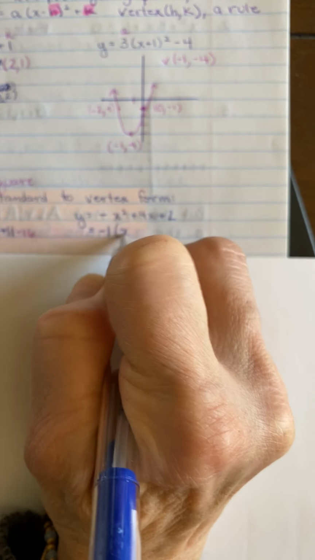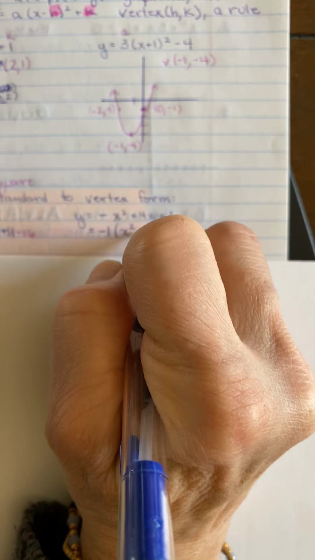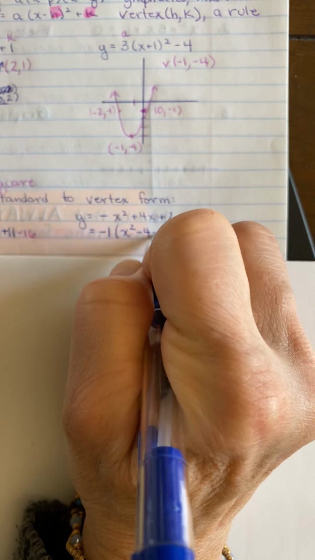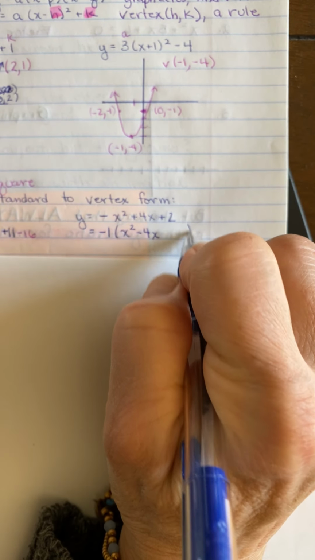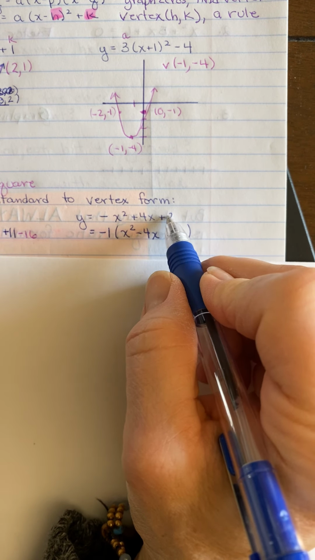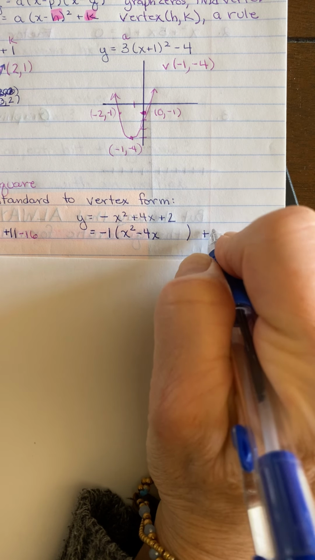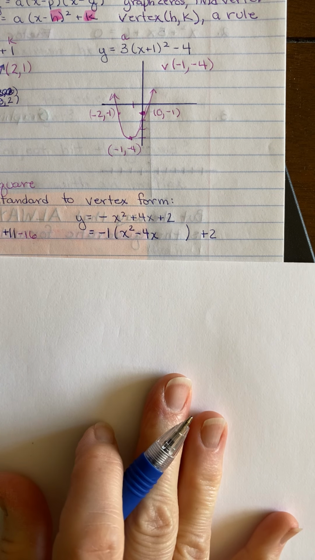So I would have a positive x squared. When you divide by a negative 1, it's going to change the sign. I'm going to leave room for my perfect number. And guess what? Do you see this 2? It's not inside the quantity, so it just remains a plus 2 over here.